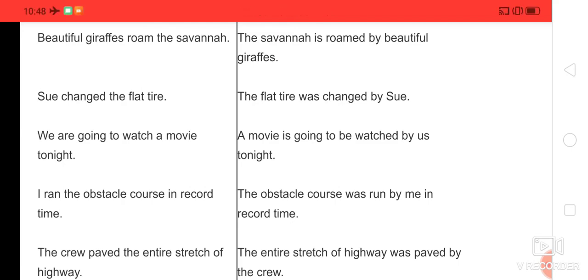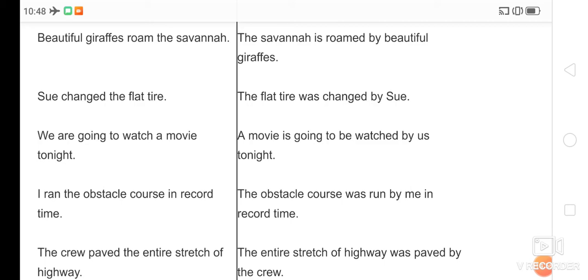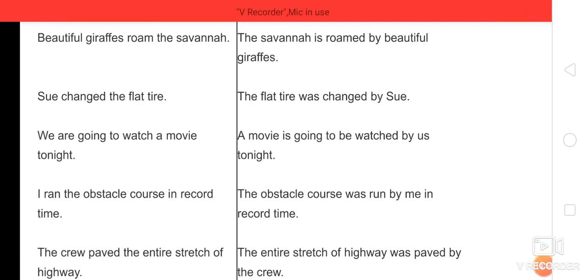Next, we are going to watch a movie tonight. Okay, we are going to watch a movie tonight, right? So actually, what is the subject here now, right? What are you going to watch? You are going to watch a movie, isn't it? So a movie is an object here, right?